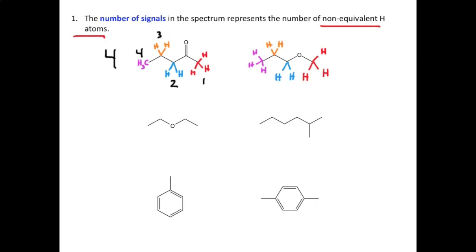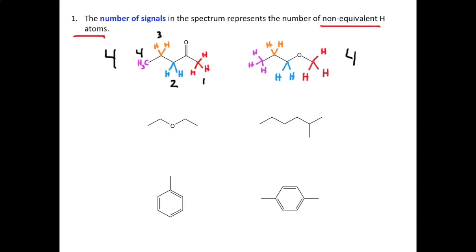So again, so far what we see is I have 3 equivalent hydrogens in red, 2 equivalent hydrogens in blue, 2 in orange, and 3 in purple. That gets us, again, 4 different non-equivalent hydrogen atom sets. So our spectrum would contain 4 signals. There's 4 non-equivalent hydrogens in this structure.